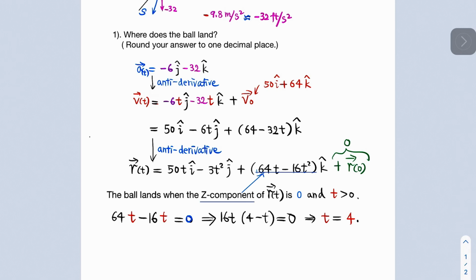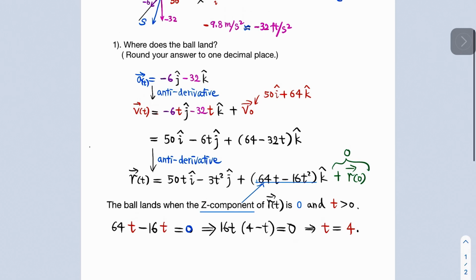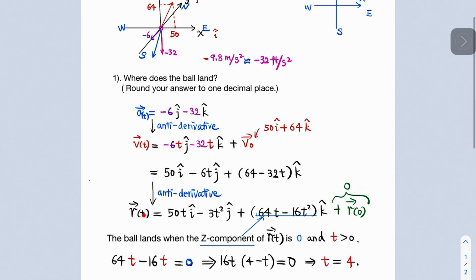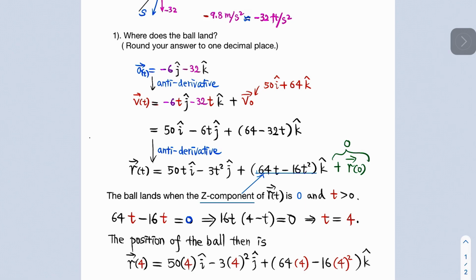Once we know the time that the ball hit the ground, we can substitute this time t into this vector function to find the position of the ball when it landed, which is going to be 50 times 4 i minus 3 times 4 squared j plus 64 times 4 minus 16 times 4 squared, this quantity k.